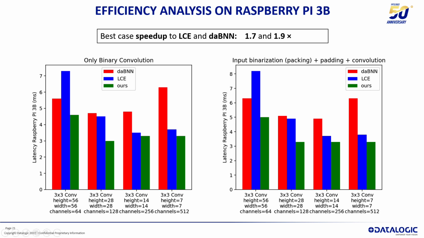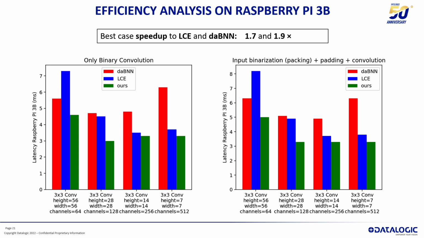We arrive at the end on the right side of the graph, where the image size is 7 by 7 by 512 channels. On the left part, you can see the effort of only the binary convolution, while on the right side we also took into consideration the packing, the sign bit extraction, and the padding.